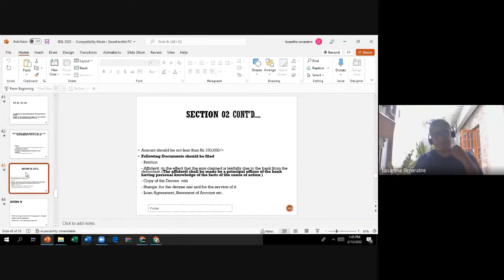But in case of a plaint, you don't have to do that. You don't have to give any affidavit. But here, along with the petition, you have to give an affidavit. So that is one reason the bankers are a little reluctant to confirm that what is in the petition is right. Because when you start preparing a plaint, you realize there are a lot of practical problems. Most of the time, the loan agreement is not there. There is no proof.